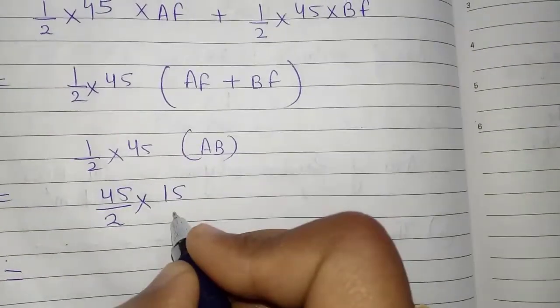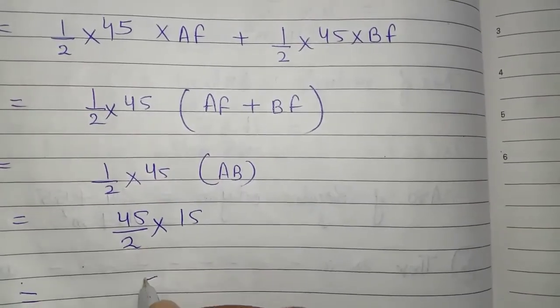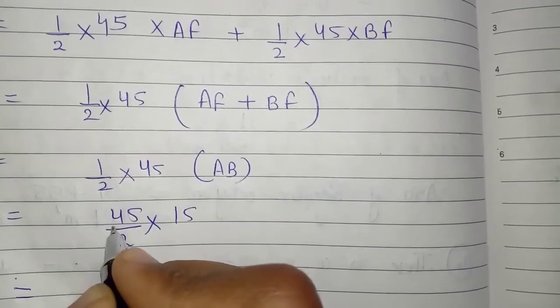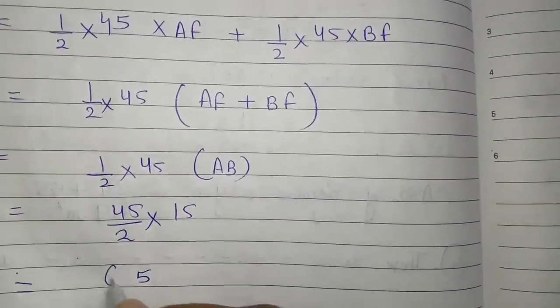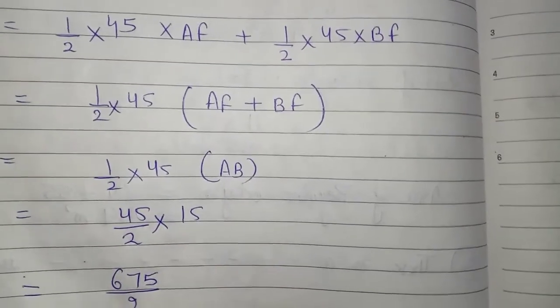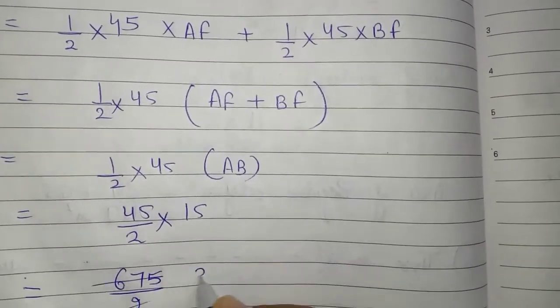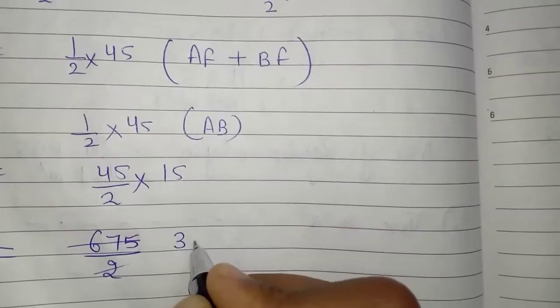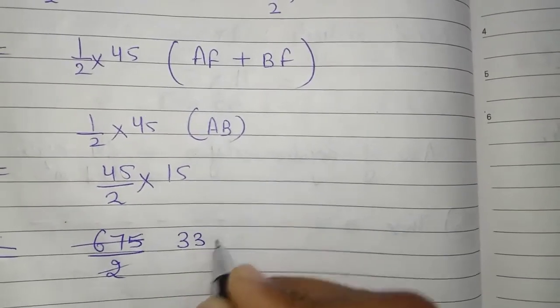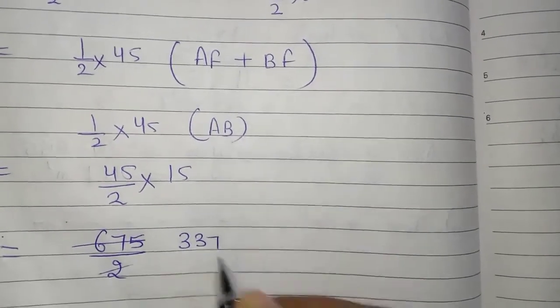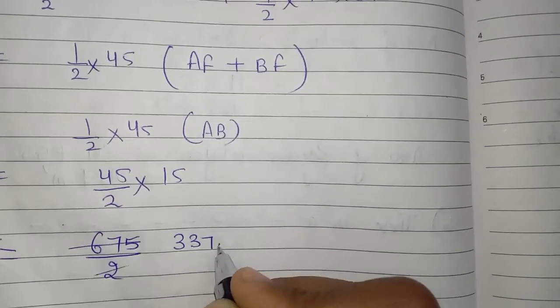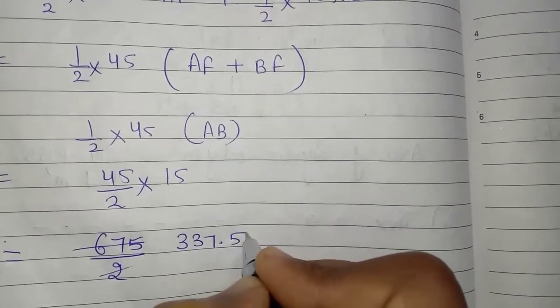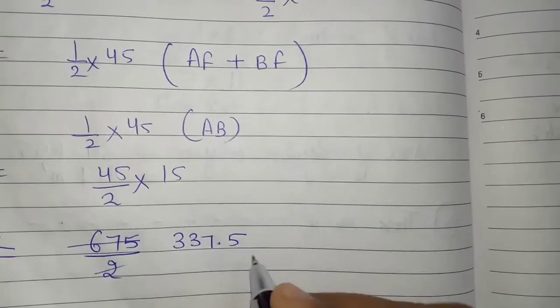So on multiplying we get 15 5s are 75, 7 here, 15 4s are 60, 67 upon 2, 2 3s are 6, again 2 3s are 6, 15, 2 7s are 14, 1.0, 2 5s are 10, 337.5 meters square.